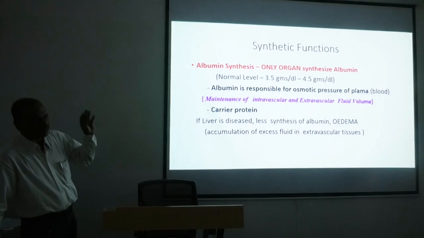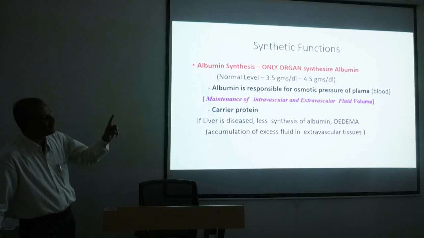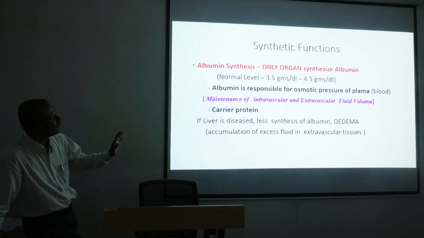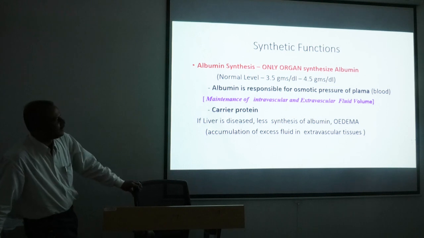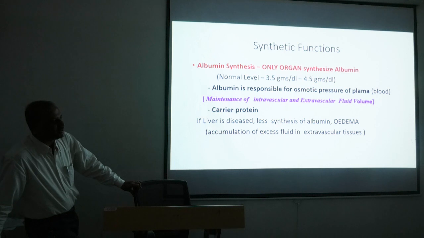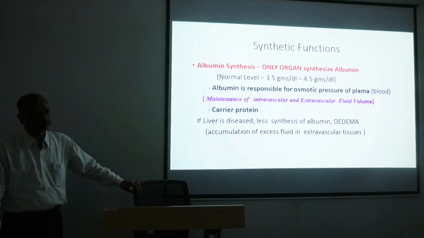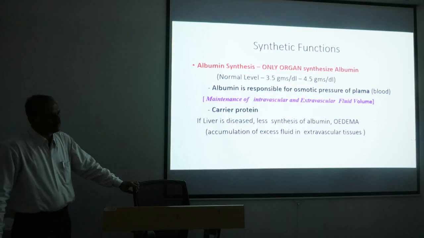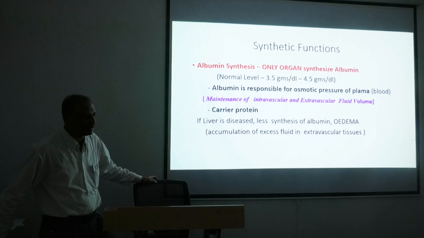So synthetic function, I repeat, the liver is the only organ which synthesizes albumin. And blood albumin is normally 3.5 to 4.5. Albumin is responsible for the osmotic pressure of blood. Normally we are having 5 liters of blood in the adult, and albumin is the main controller of intravascular and extravascular fluid volume.